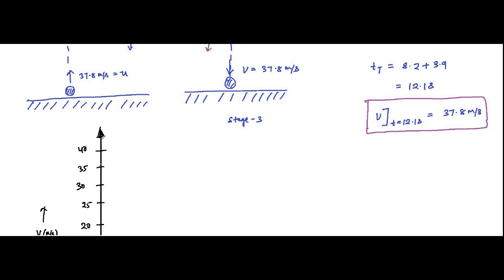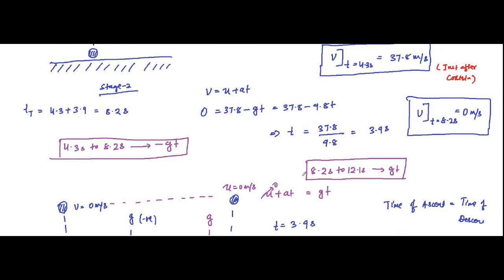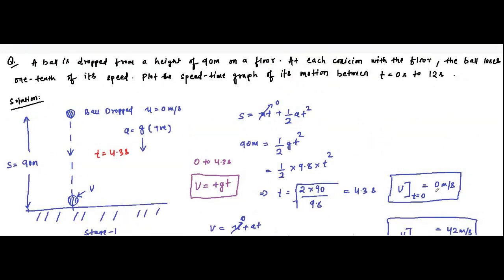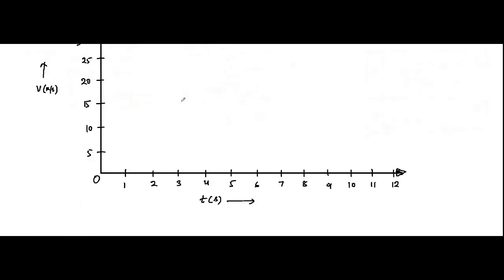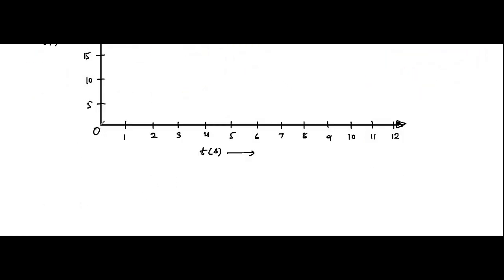So the velocity at t equals 0 is 0 meters per second.